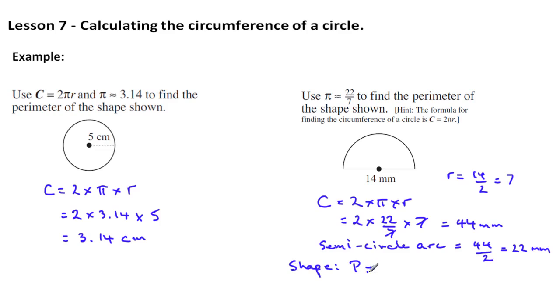We need the semicircle arc, which is 22 millimeters, and of course we can't forget the full distance across, which is 14 millimeters, giving us a total distance or perimeter for this shape of 36 millimeters.